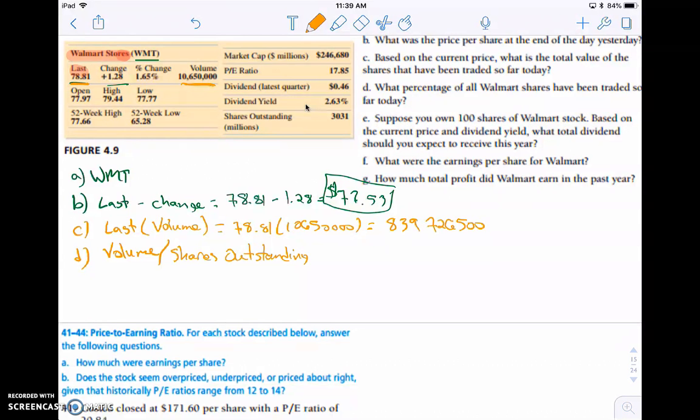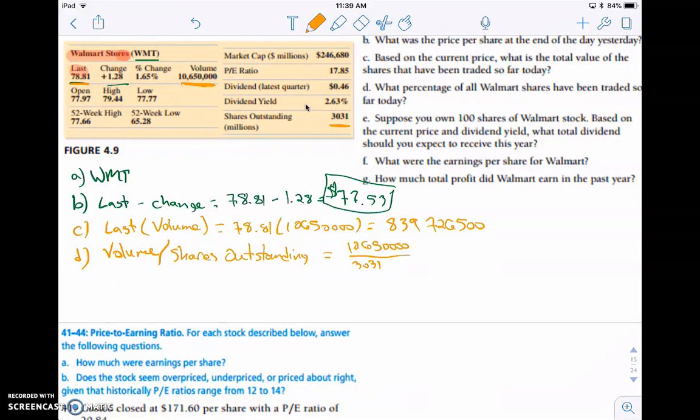So we're going to be looking again. Here's our volume. Here are the number of shares outstanding. So what percentage has been traded? It's going to be some big numbers here. So 10,650,000, and you're dividing by 331 million.